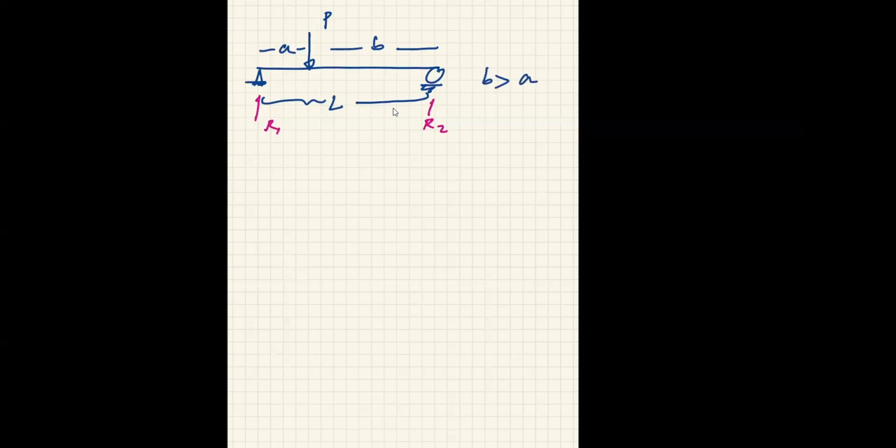From the picture, B is greater than A. That means P is closer to R1 than R2, right? Yes. So naturally, R1 should be greater than R2, don't you think? Because the load is closer to the R1 support, so R1 should carry more than R2.